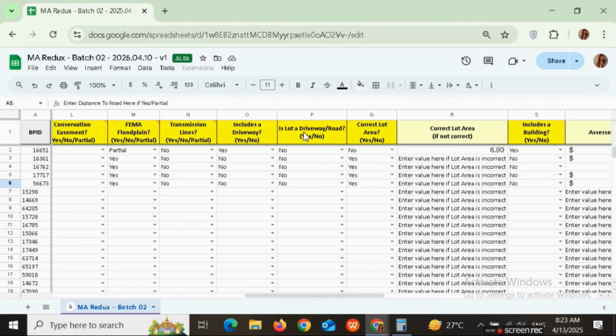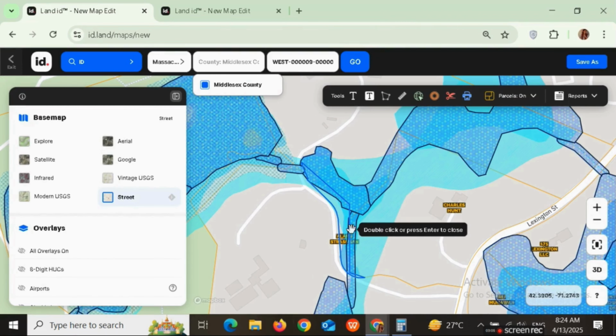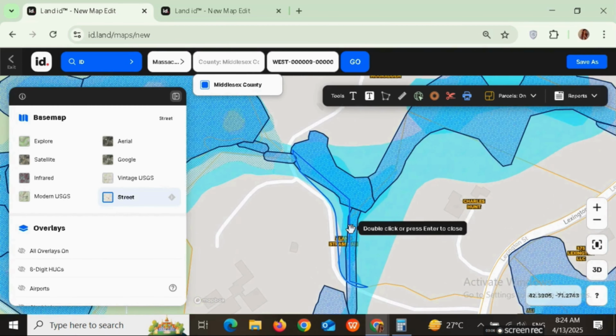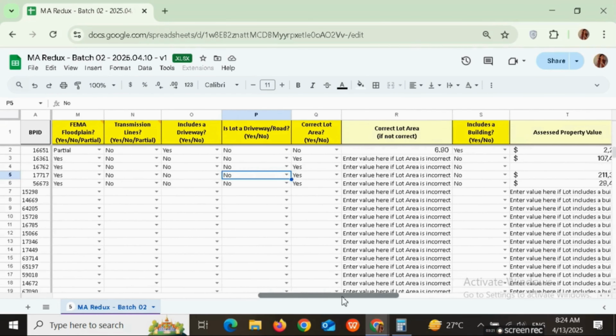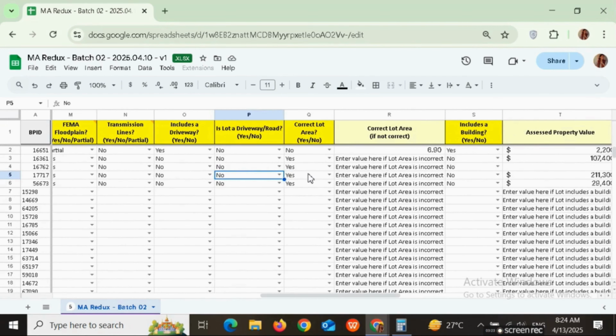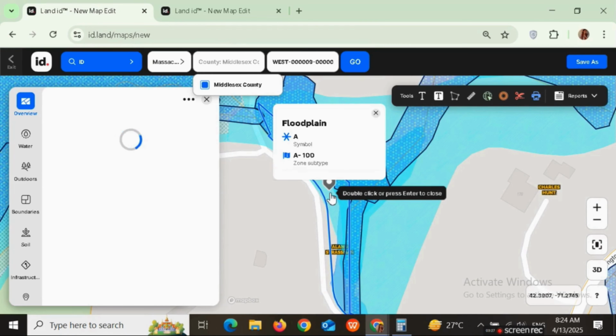Is lot a driveway road, yes or no? If the real road is a driveway, I will put yes over here. Correct lot area, yes, it is correct lot area, which is the same as the sheet.